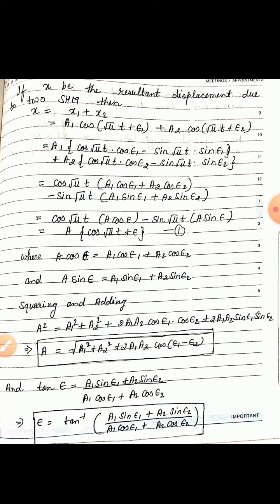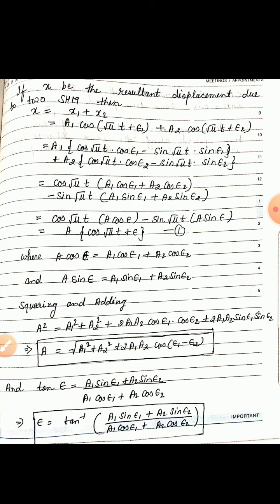Squaring and adding these two quantities, we get A² equal to A1² plus A2² plus 2A1A2 cos ε1 cos ε2 plus 2A1A2 sin ε1 sin ε2. This further can be written as A is equal to the square root of A1² plus A2² plus 2A1A2 cos(ε1 minus ε2).